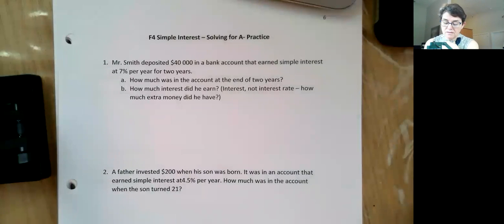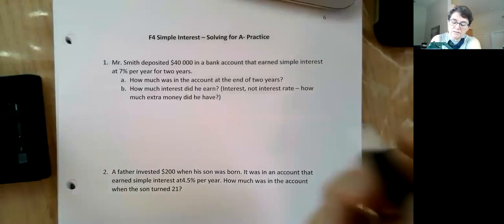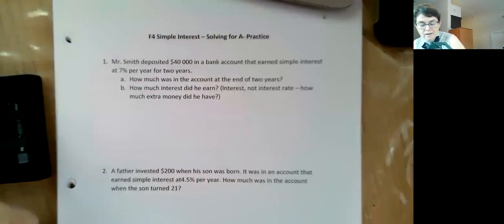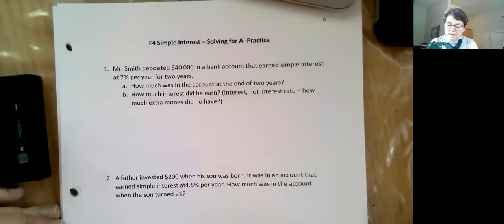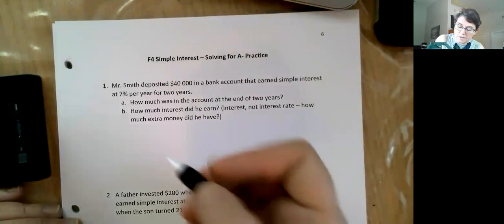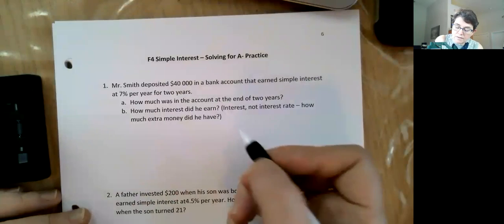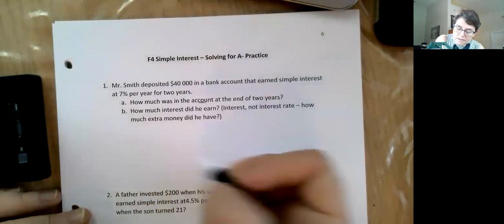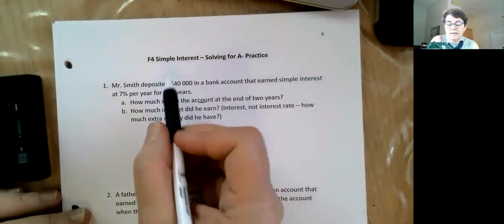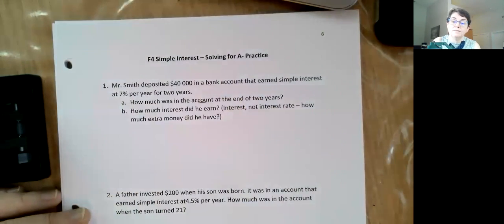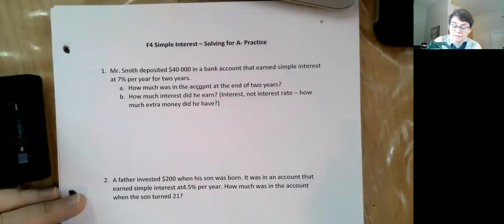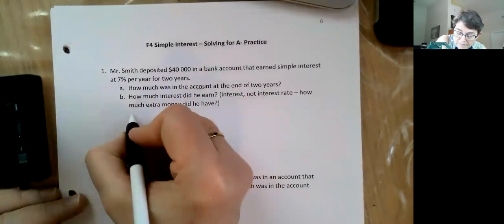Mr. Smith deposited $40,000 in a bank account that earned simple interest at 7% for 2 years. How much was in the account at the end of 2 years? And how much interest did he earn? So we want to know how much is in the account. Well, it says this is simple interest, and we only know one formula, so we're going to write down the simple interest formula.